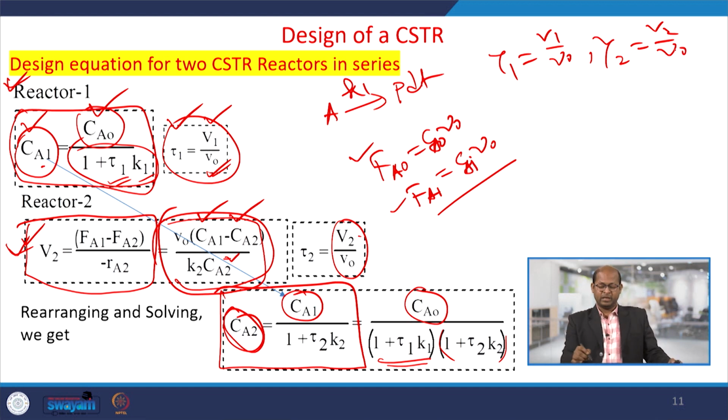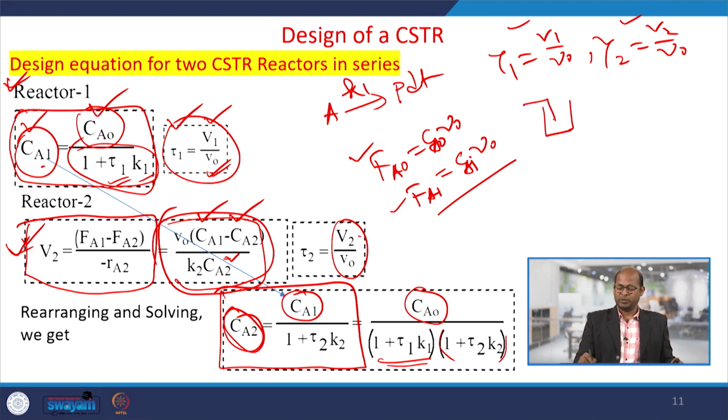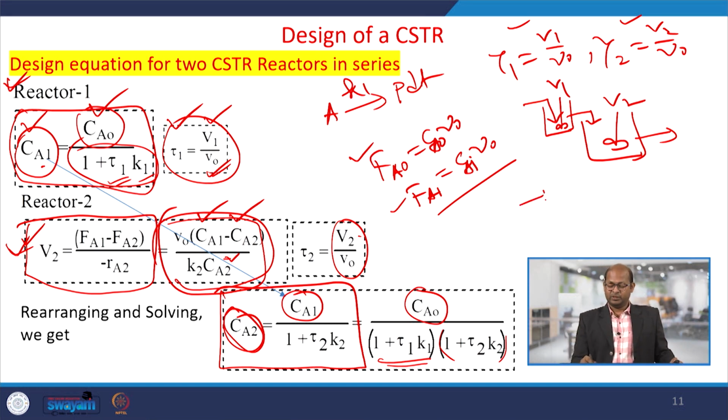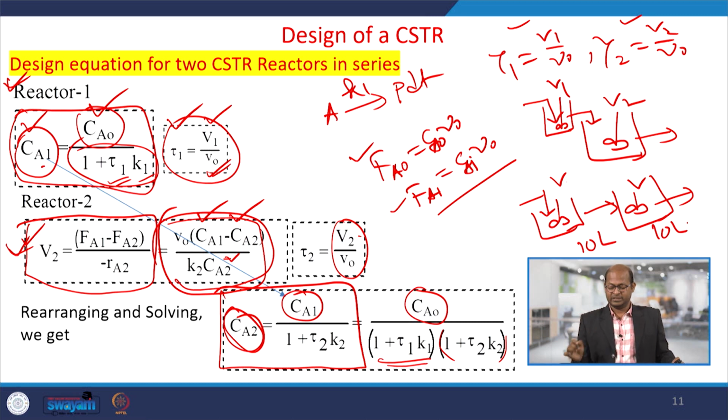Here V1 and V2 may or may not be the same. We may put equal size CSTRs in series, or unequal CSTRs, where V1 and V2 volumes are different. Equal size means both reactors have the same volume, for example this is 10 liters and this is also 10 liters. Unequal size is, for example, here 5 liters and this 10 liters.